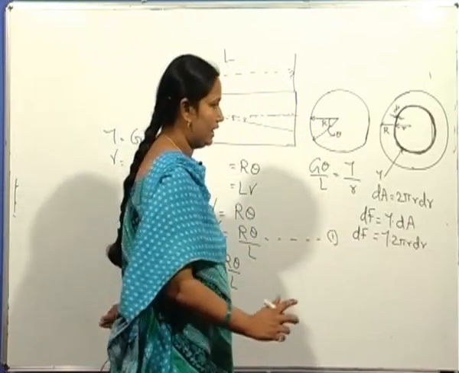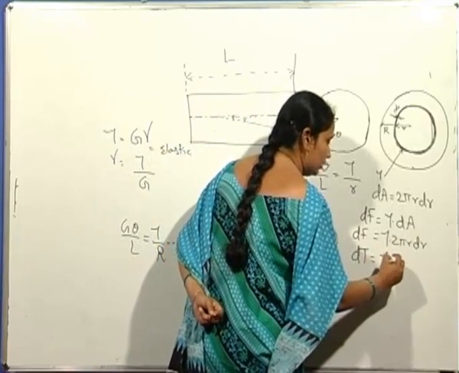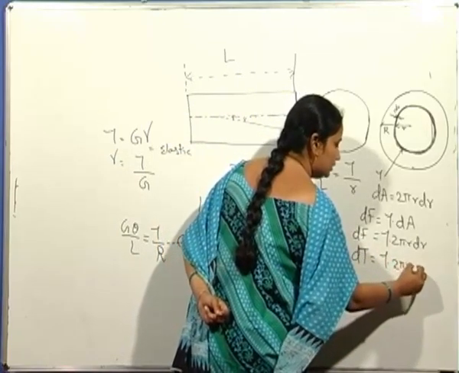Now the torque acting on the ring, dT, is equal to dF into r.